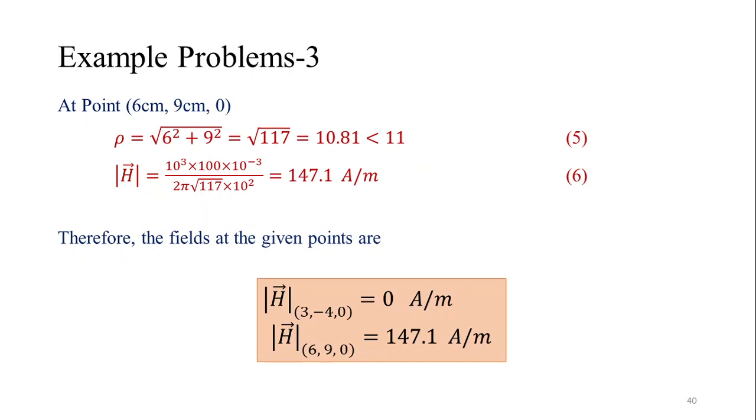If you substitute this, you will have 147.1 amperes per meter. So the field at point 3, minus 4, 0 is 0 amperes per meter, and at point 6, 9, 0 it is 147.1 amperes per meter.